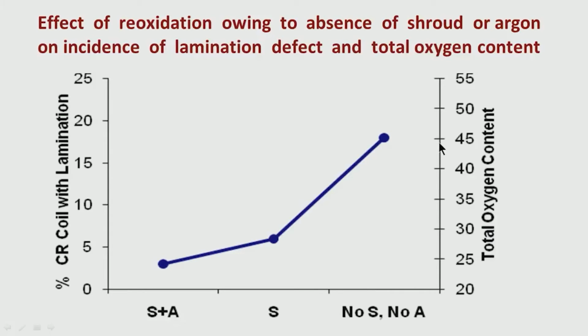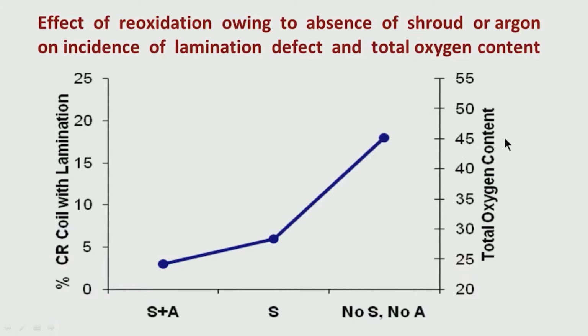Total oxygen content, I have told you, is basically a measure of oxides in liquid steel, because the dissolved oxygen is very small, maybe less than 5 ppm when you use aluminum killing.